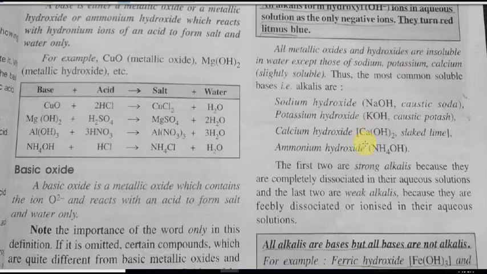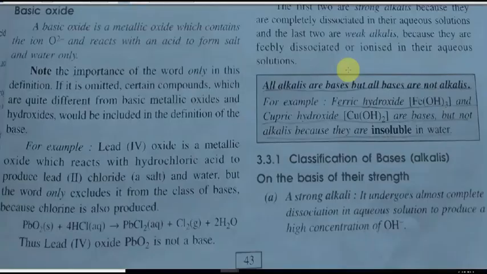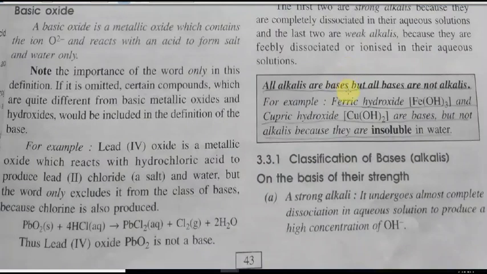But going to the below box, students please pay attention to this box. I am highlighting with yellow. Now all alkalis are bases, but all bases are not alkalis. Ferric hydroxide, despite the fact that it contains OH, and copper hydroxide, it contains OH, but they are bases only. They are not alkalis because they are insoluble in water.